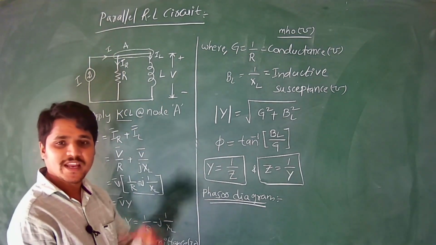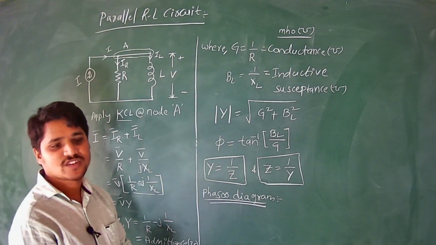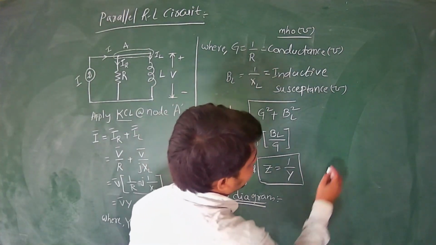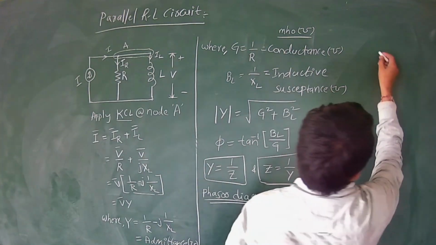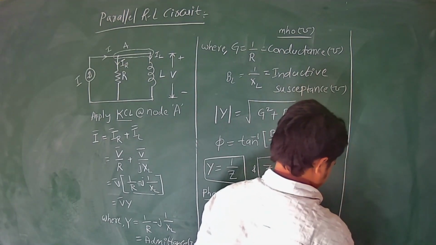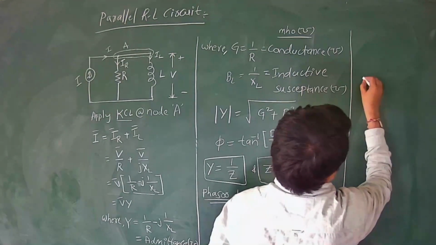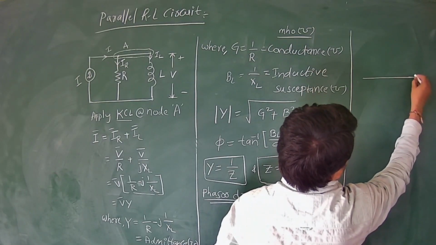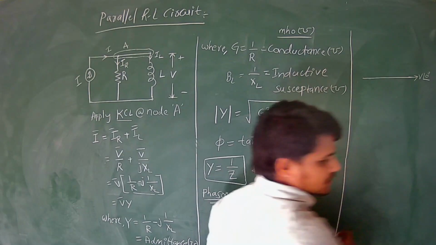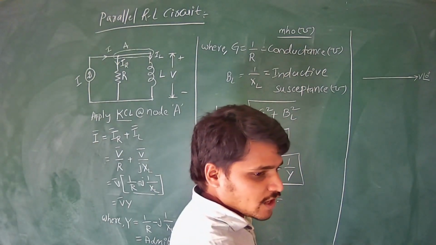As we know, in a parallel circuit, the voltage is constant. Therefore, I am drawing the voltage as the reference, that means at an angle 0.